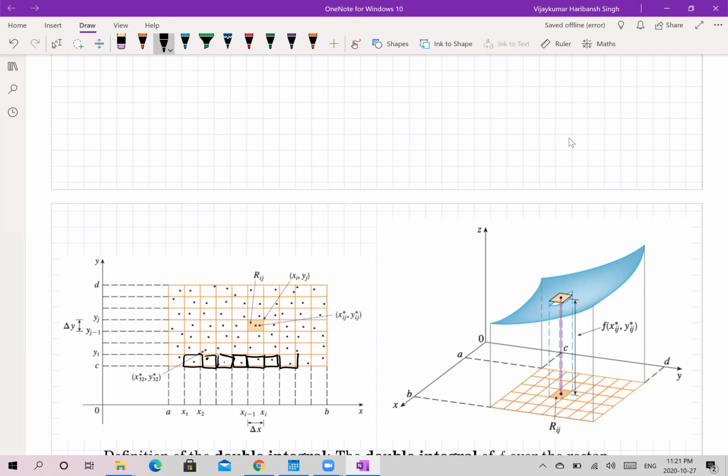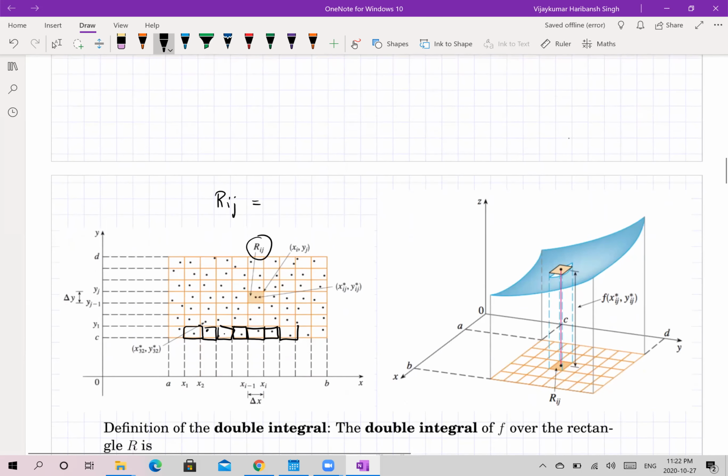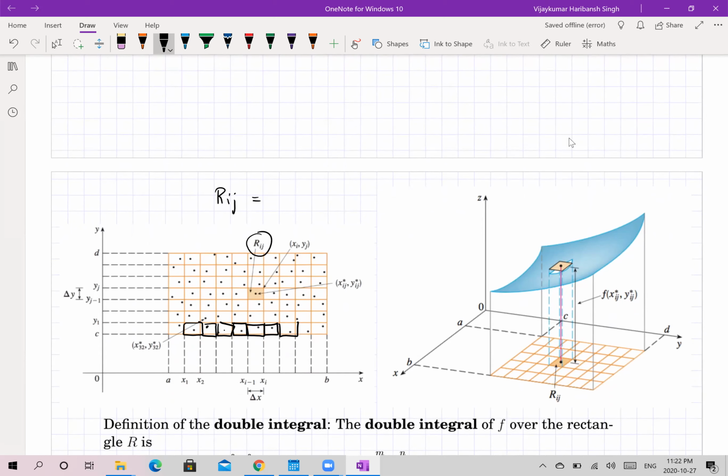Suppose I look at the rectangle Rij. Rij is formed by xi-1 to xi and yj-1 to yj. I get this rectangle, and I'm choosing any point at random, xij star, yij star. And when we take this point, we use the value of the function at that point for the height.